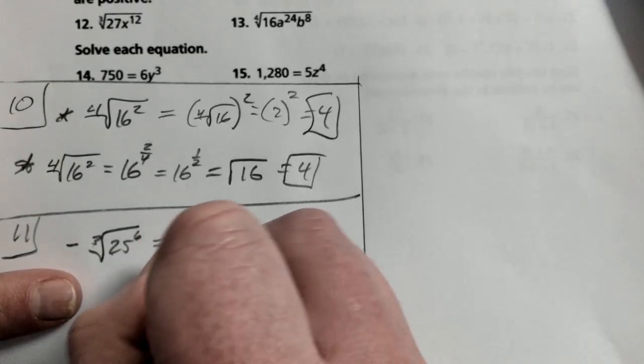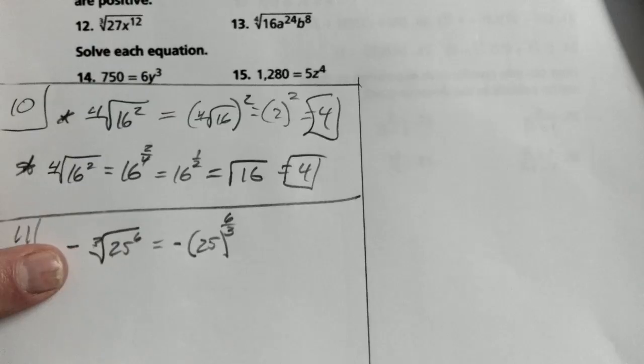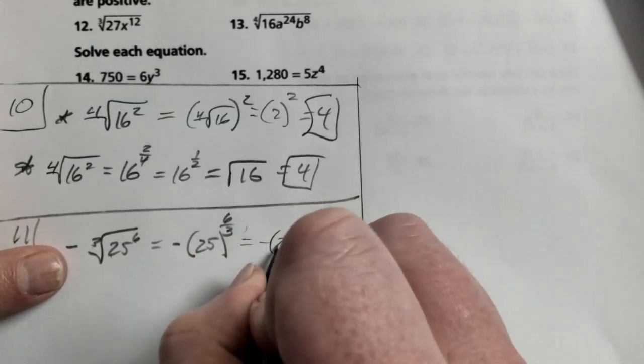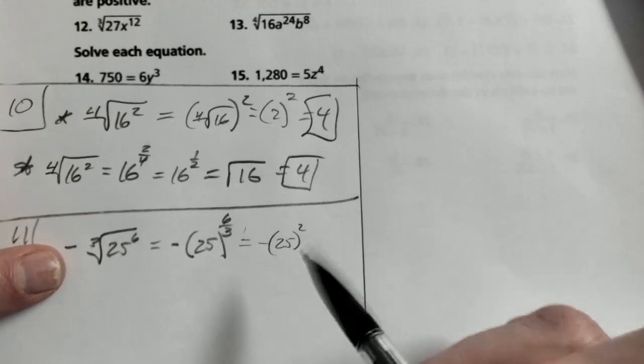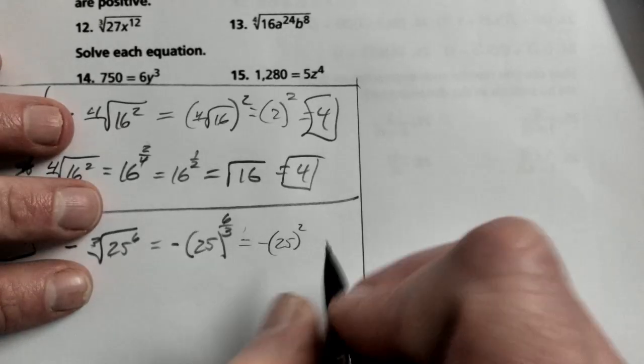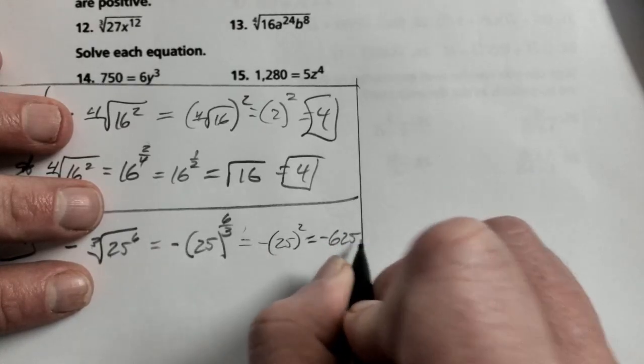So we have negative 25 raised to the 6/3 power. Now, 6/3 reduces to 2, so this is negative 25 squared. Now, that exponent is attached to the 25. It's not attached to the negative, so when I square 25, I'll end up with negative 625.